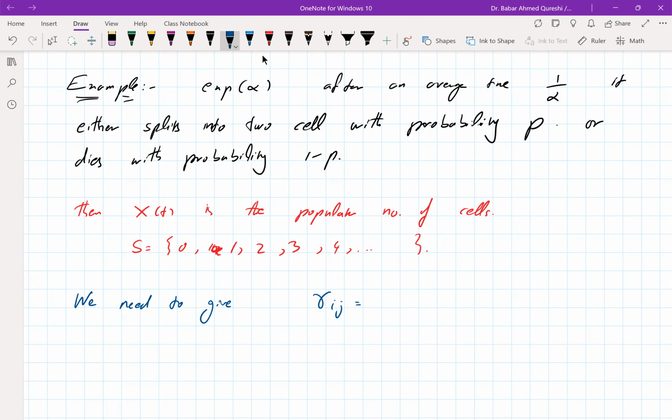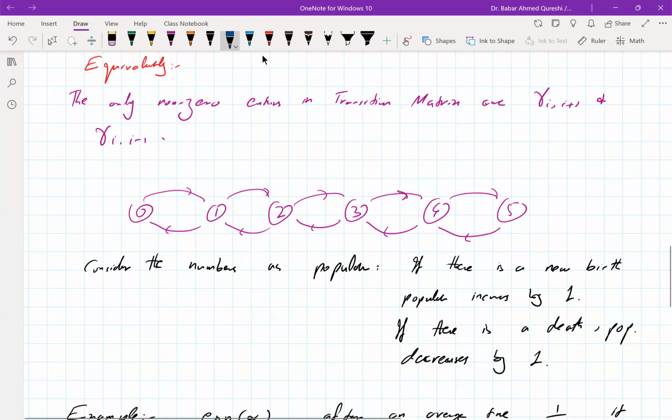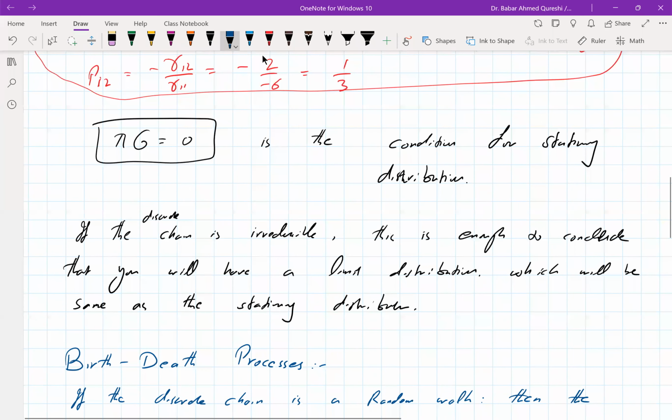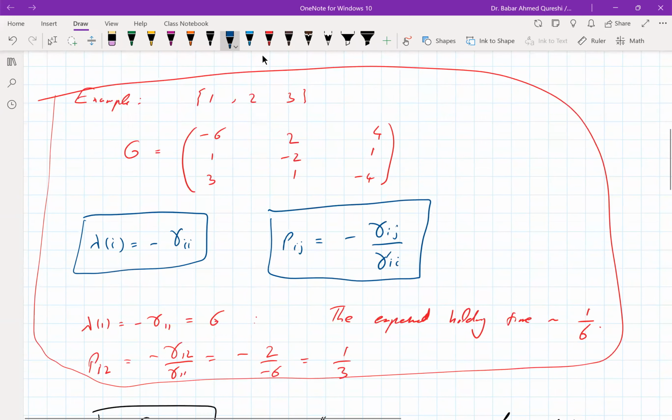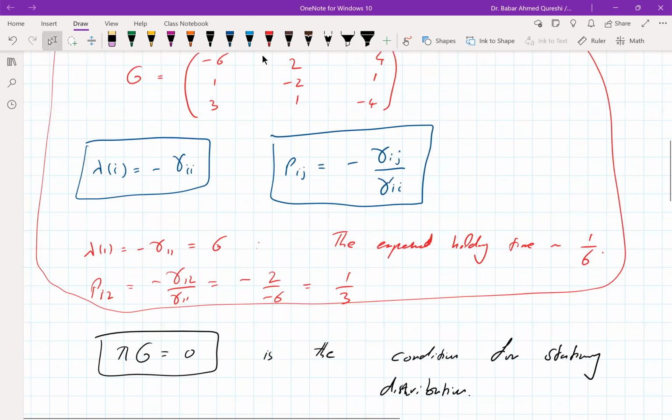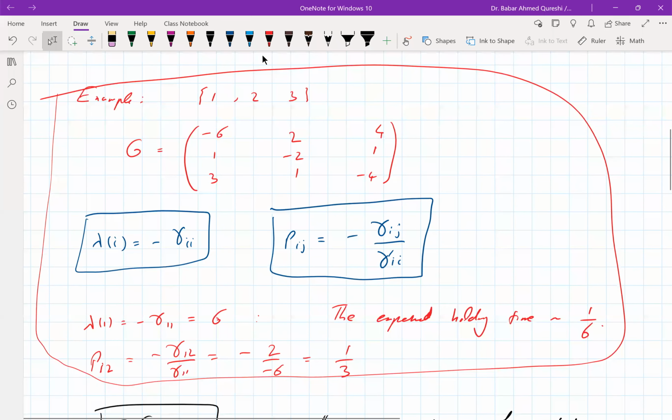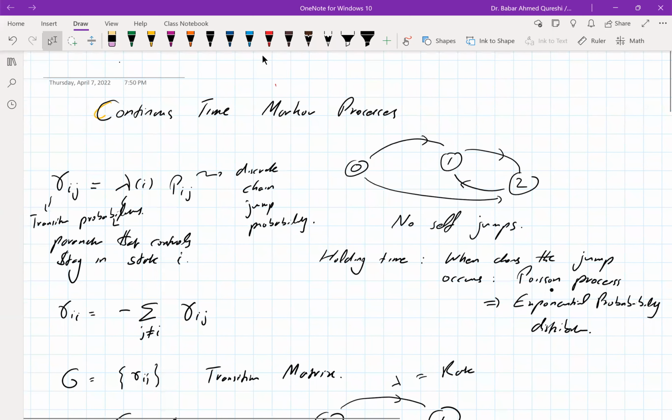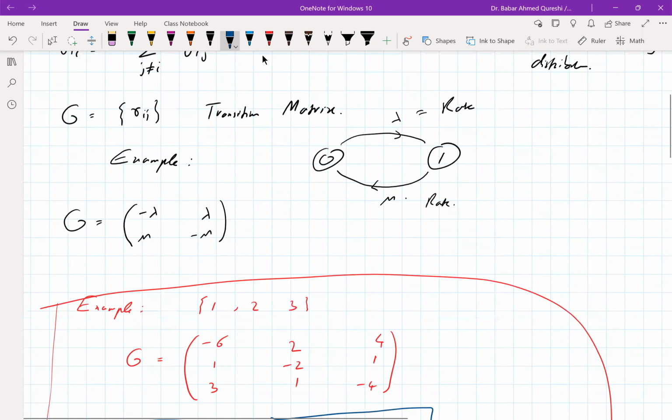And if you look above, what is it going to depend on? The parameter of your Poisson process times the probability of jumping into a particular thing.